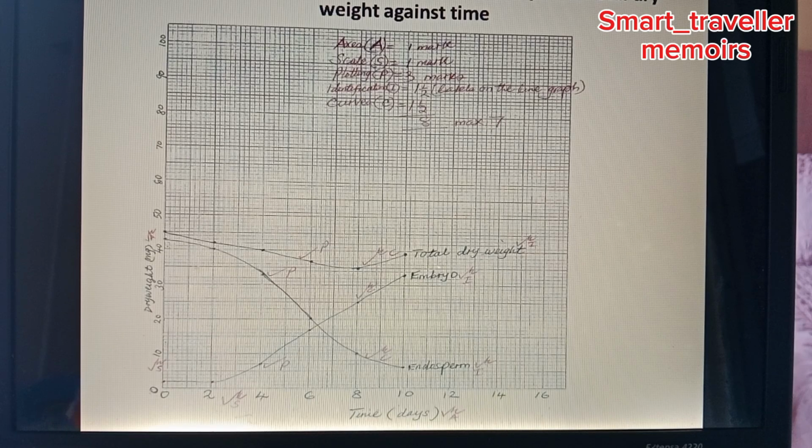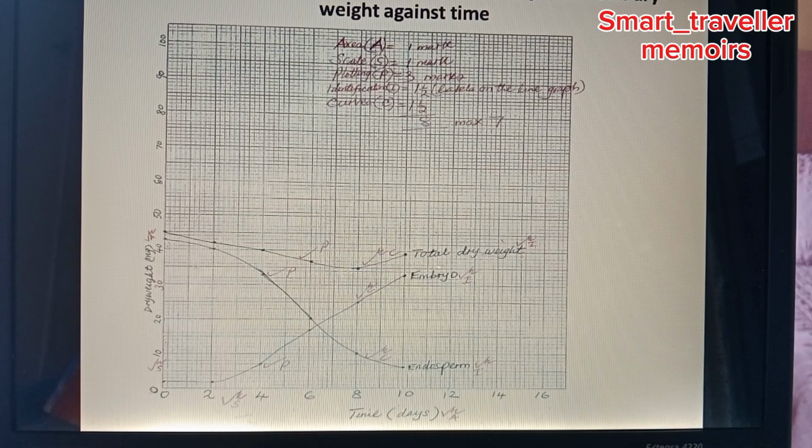So you can see the marks have been put. On your y-axis, dry weight has a mark, time in days has a mark, scale, x-axis has a mark, y-axis has a mark.